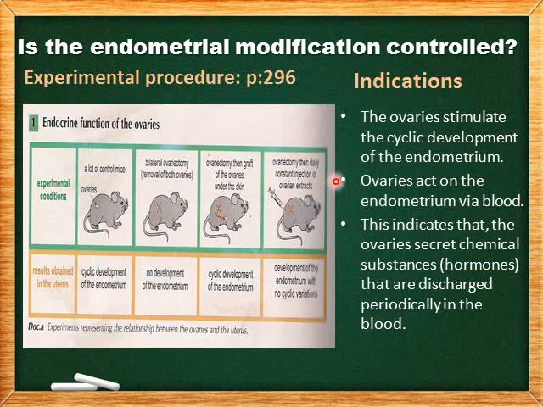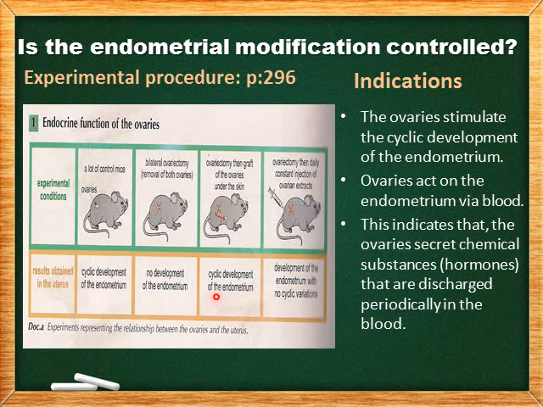As an indication, we can say that the ovaries stimulate the cyclic development of the endometrium. The endometrium is controlled by the ovaries. On the other hand, when the ovaries are ablated but grafted again under the skin in another place, the result is similar to the first one with natural ovaries: cyclic development of the endometrium. So, what does this mean?